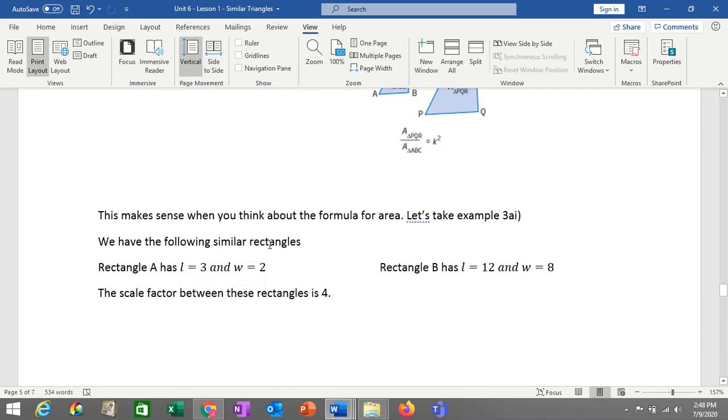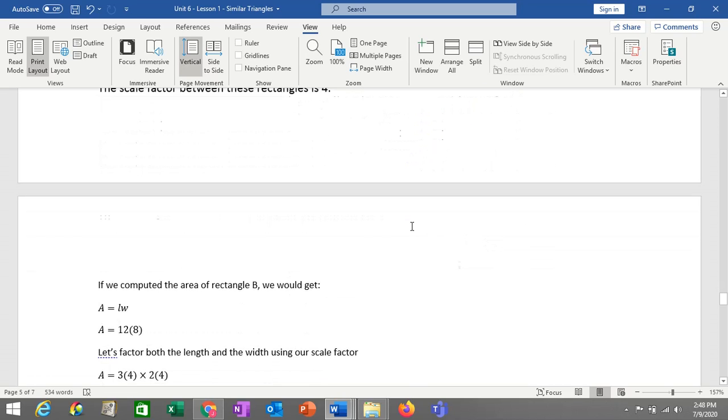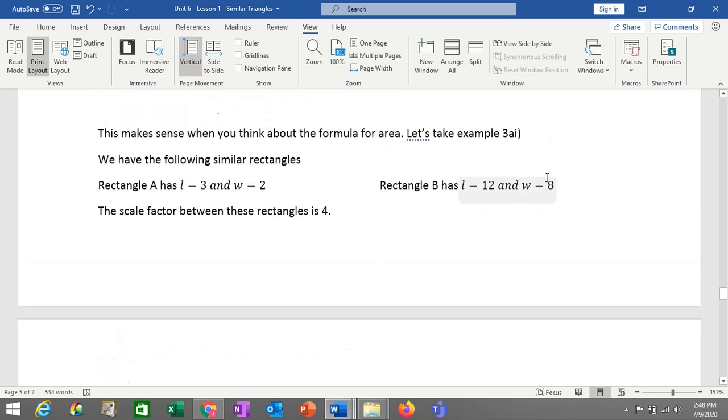So let's look at the rectangle, because that's a nice and simple example. So the rectangle A, the small one, its length is 3 and its width is 2. And for rectangle B, its length is 12 and its width is 8, which means the scale factor is 4, as we just said, right? 3 times 4 is 12, 2 times 4 is 8. So let's look at the area for the larger rectangle.